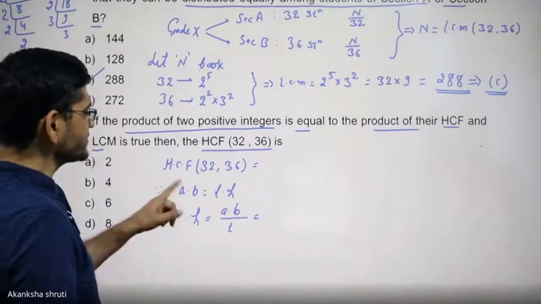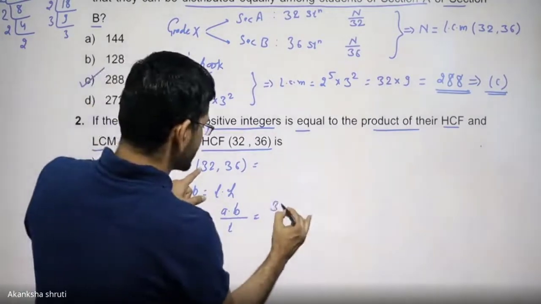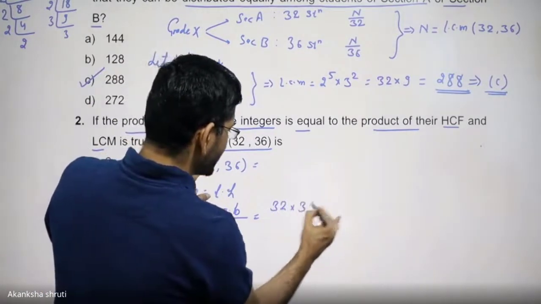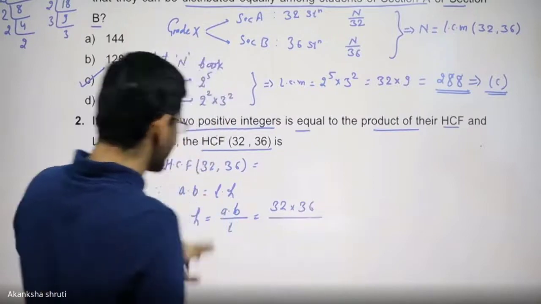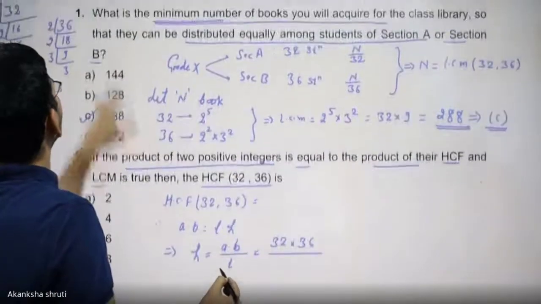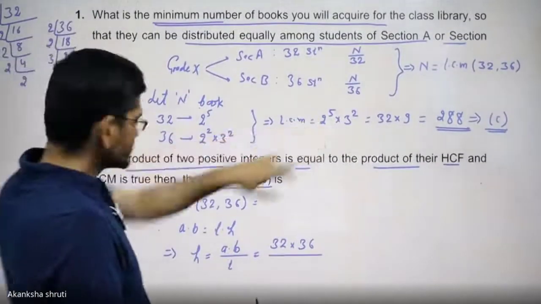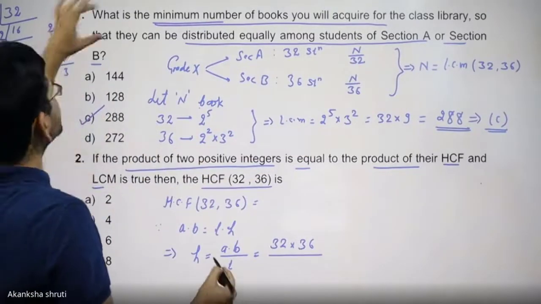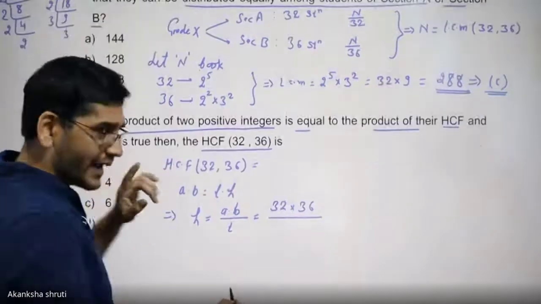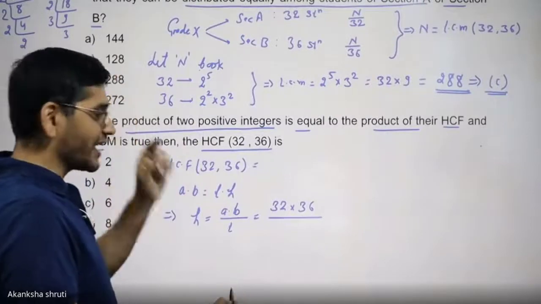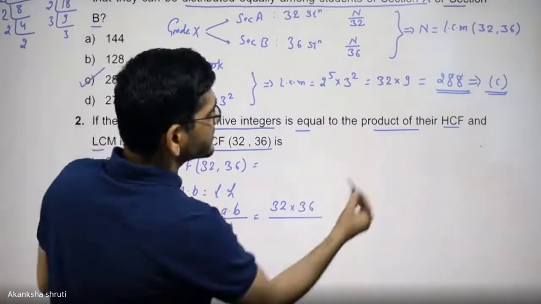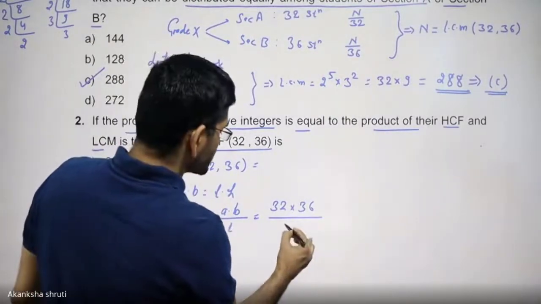Students, the two numbers are already given as 32 and 36. The LCM that we calculated was in question number 1. So this way, the second question is related to question 1. That calculation, that value, we have to use. Students, this LCM is 288.